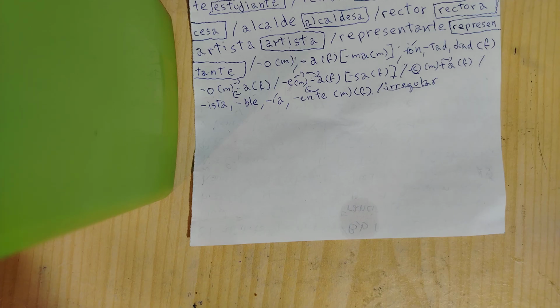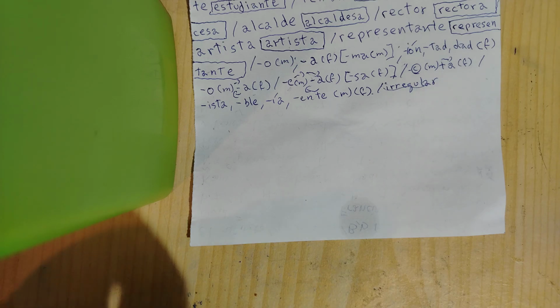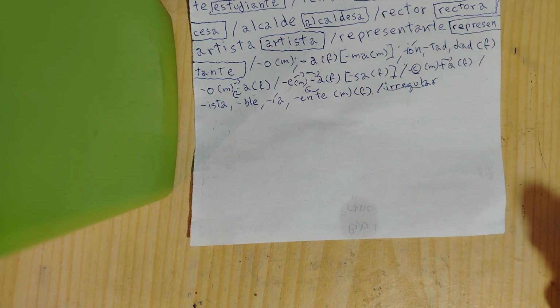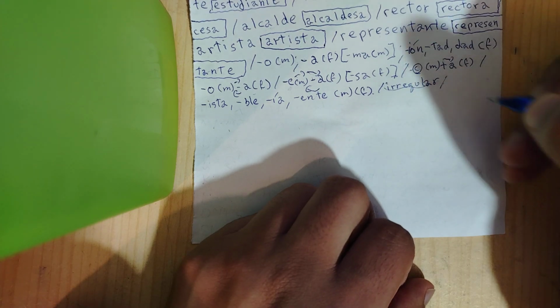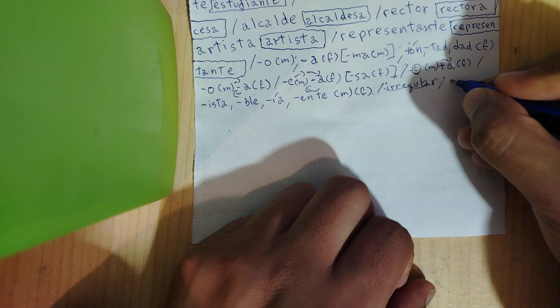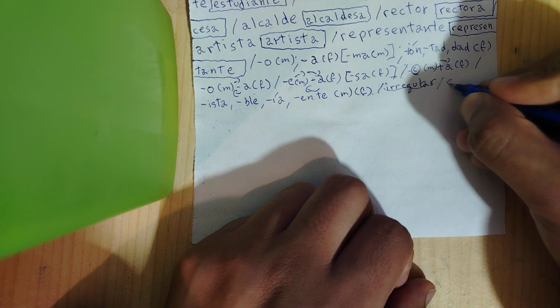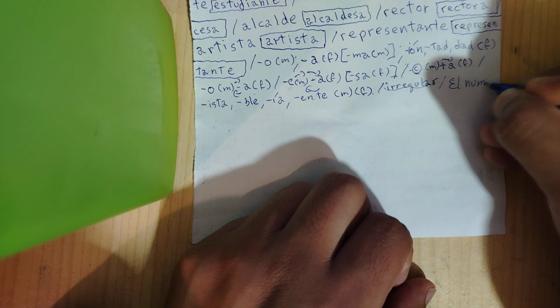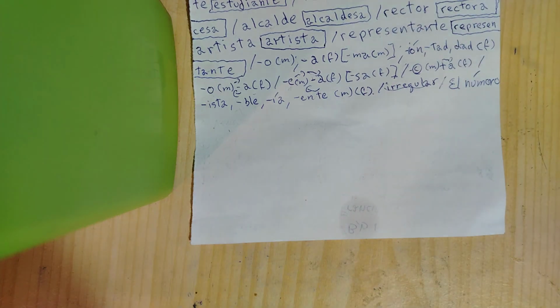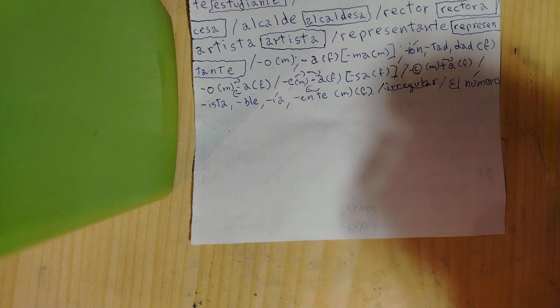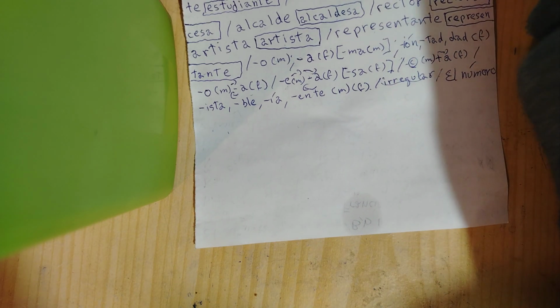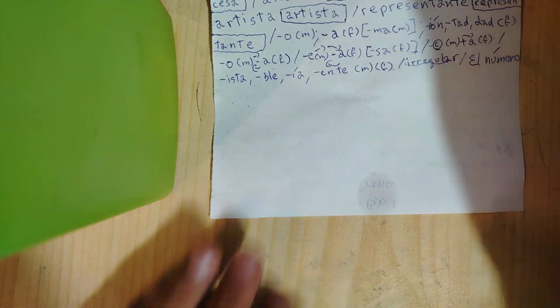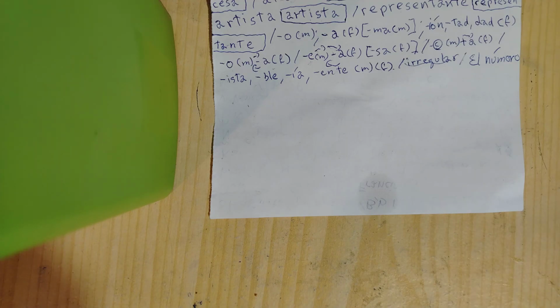Now we are going to continue with the nouns, sustantivos, but now we are going to put our focus on the número. El número. So what are we going to do, you are asking yourself.